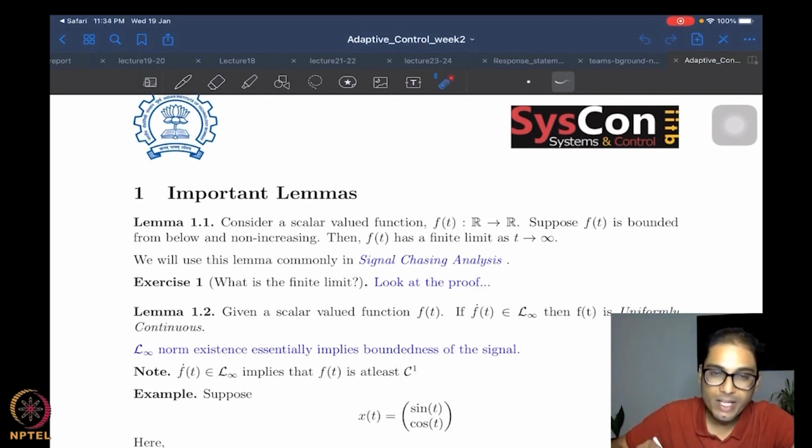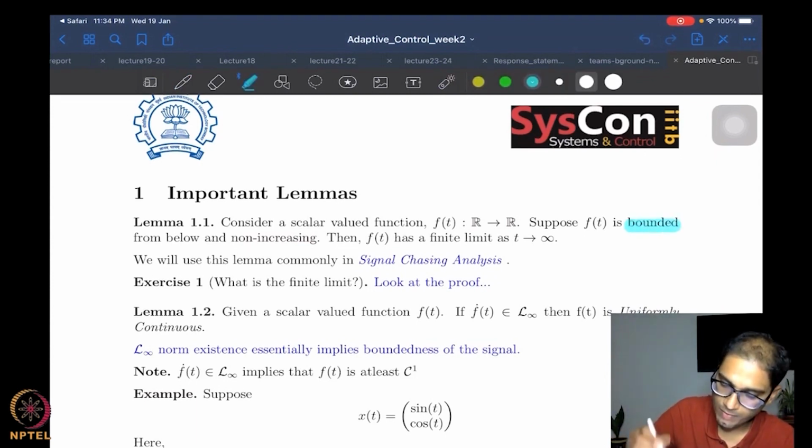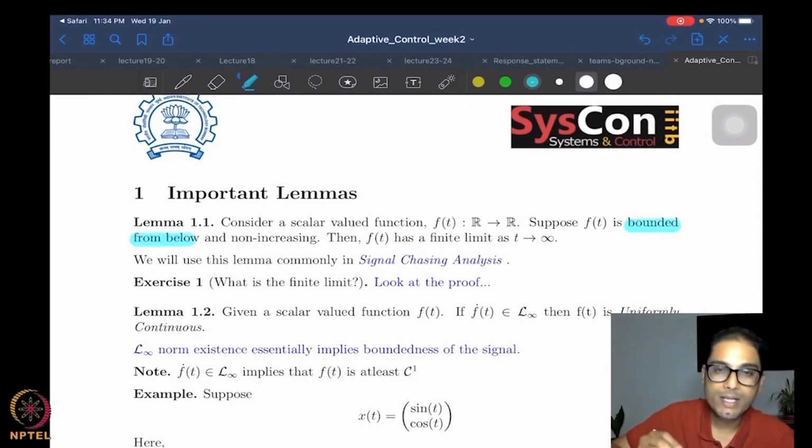Now, suppose we have some additional properties on this function f. What are these additional properties? That f is bounded from below and f is non-increasing. What does it mean for a function to be bounded from below?